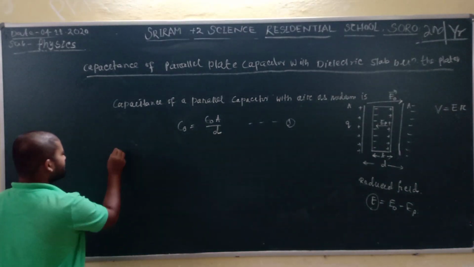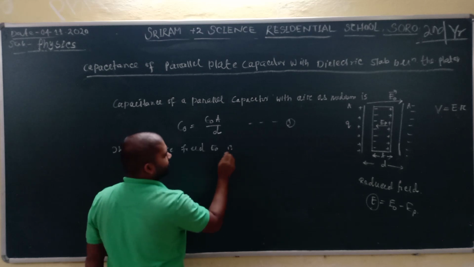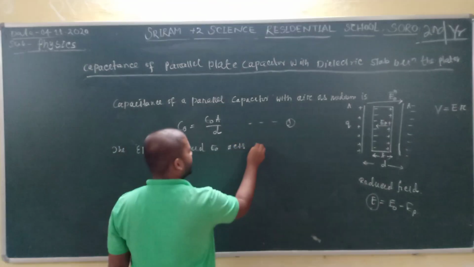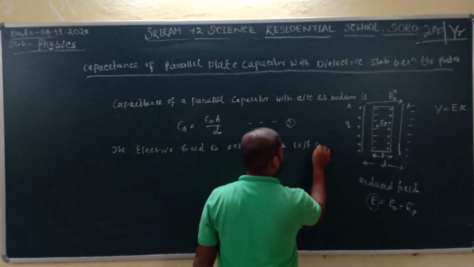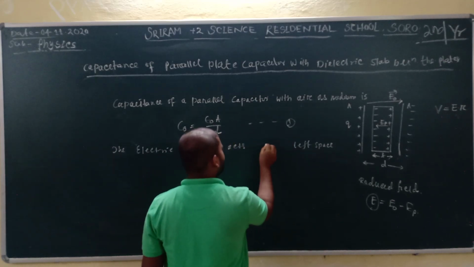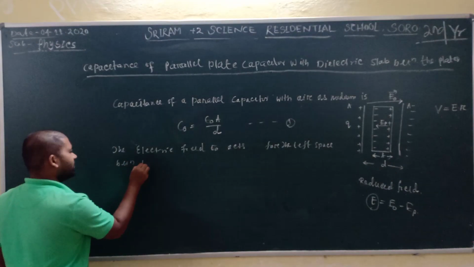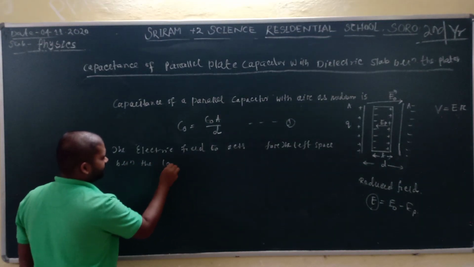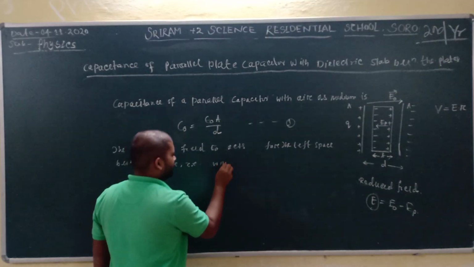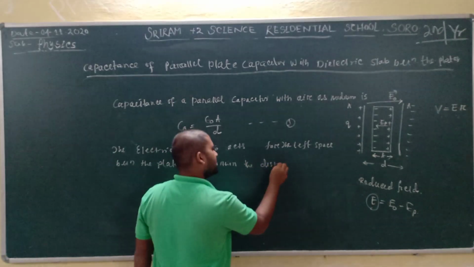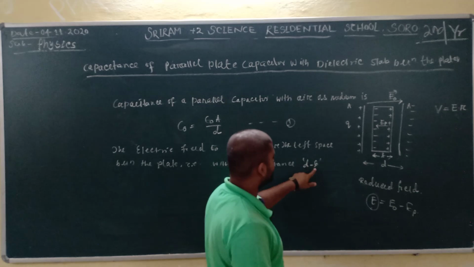Means we can say the electric field E0 acts for the left space between the parallel plates, that is within the distance of d minus t. So, electric field E0 acts within the distance of d minus t.